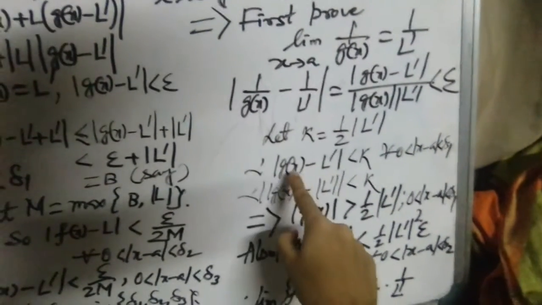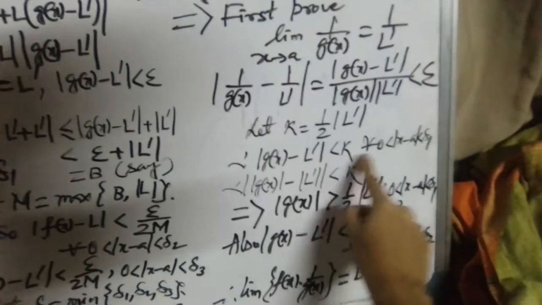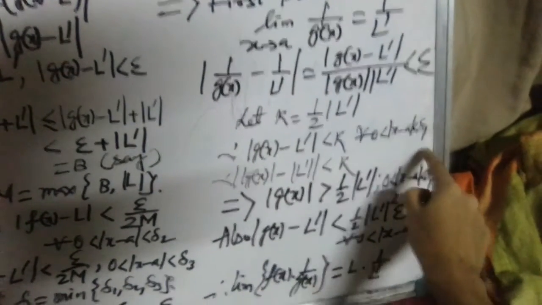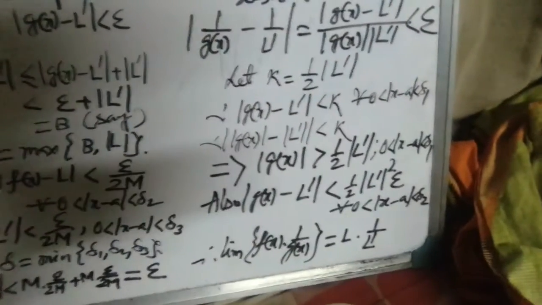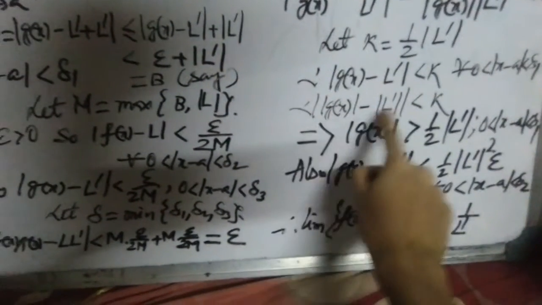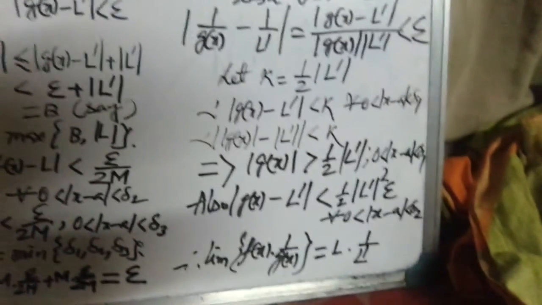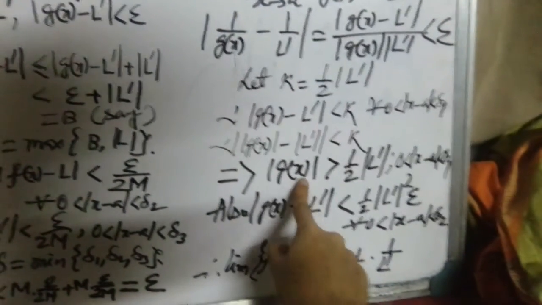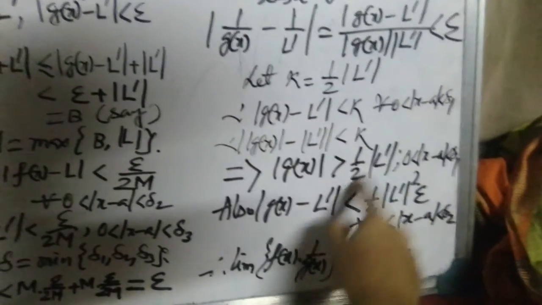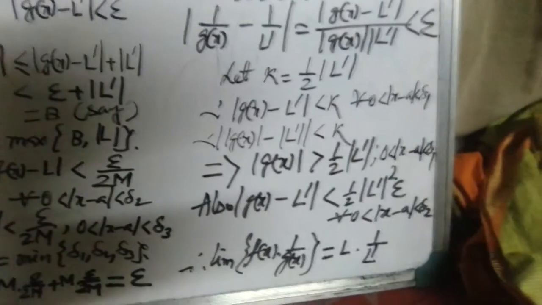Then easily the difference |g(x) minus L prime| will be less than k for 0 less than |x minus a| less than delta 1. And using the triangular inequality, the modulus of (mod g(x) minus mod L prime) should be less than k. Then mod g(x) should be greater than half of mod L prime for the same delta 1.